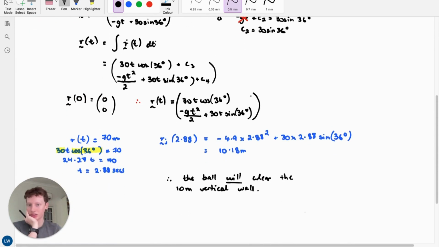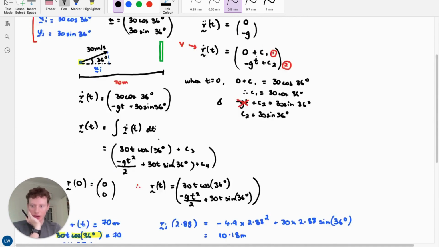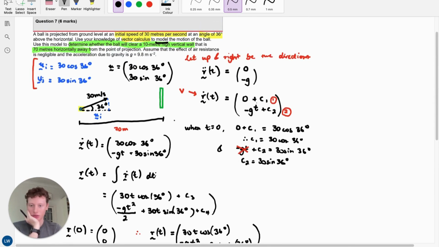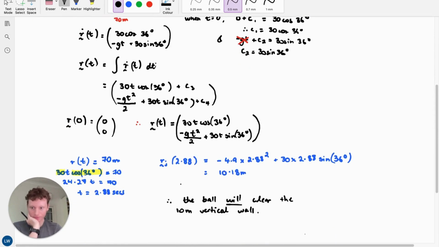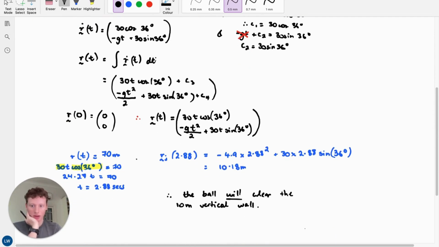Then we had a full equation to work with. We used our known horizontal displacement to find a value for t, and substituted that into our j component for position to find where the ball would be at that horizontal position, which was slightly above 10. So the ball would clear the vertical wall.